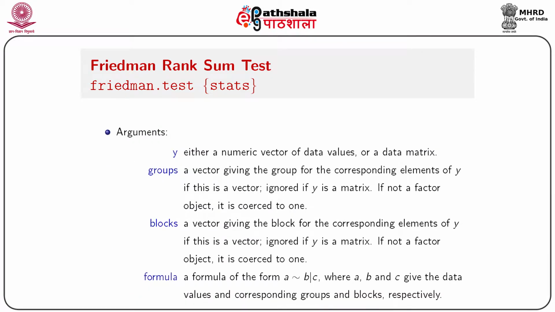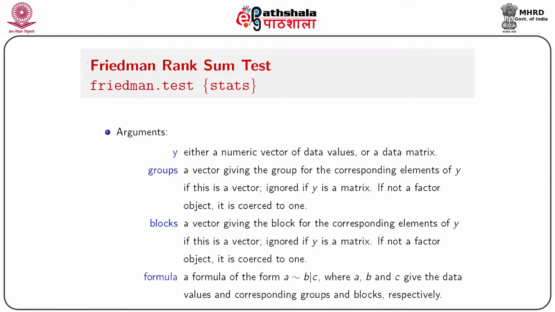The arguments are: Y is either a numeric vector of data values or a data matrix. Groups is a vector giving the group for the corresponding elements of Y. If this is a vector, it is ignored if Y is a matrix.